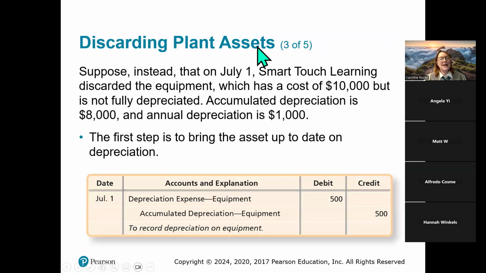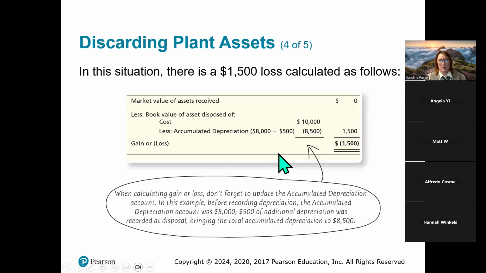But let's suppose instead on July 1st, Smart Touch Learning discarded the equipment, which has a cost of $10,000 but is not fully depreciated. So accumulated depreciation is 8,000 and the annual depreciation is 1,000. So the first step is to bring the asset depreciation up to date.